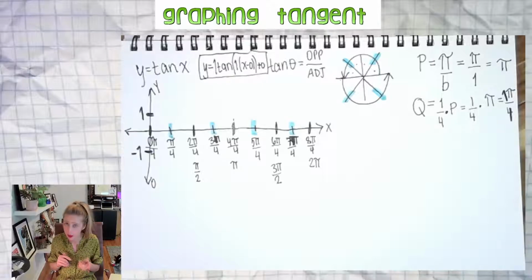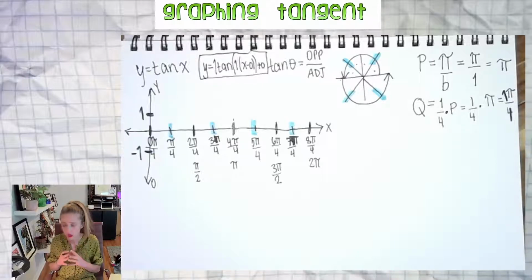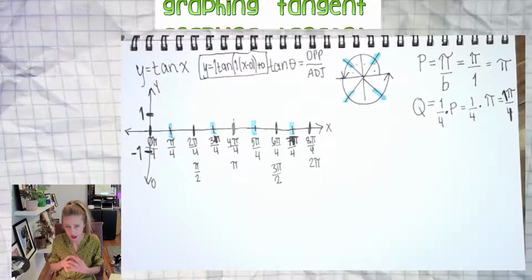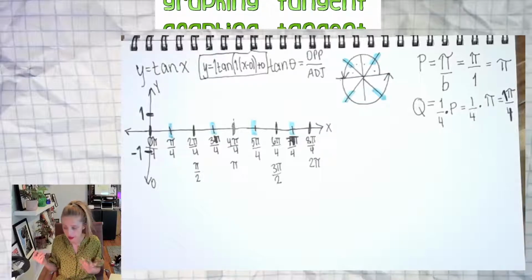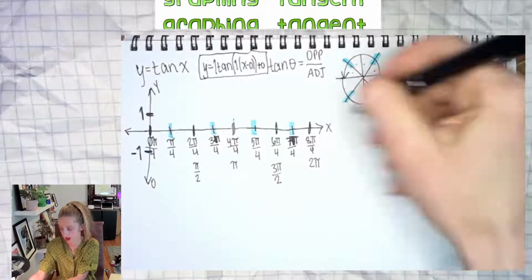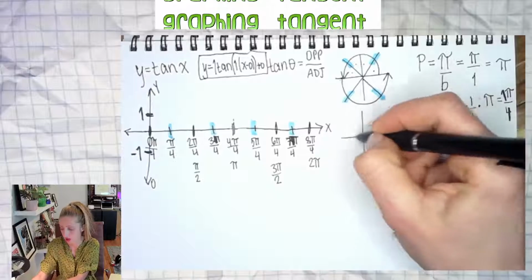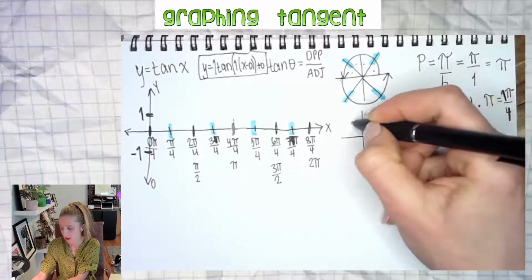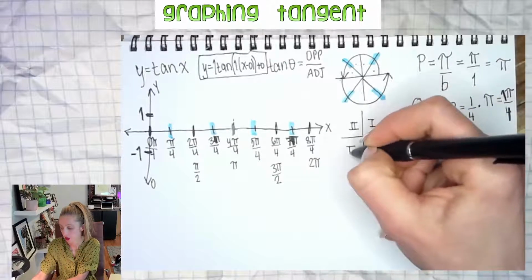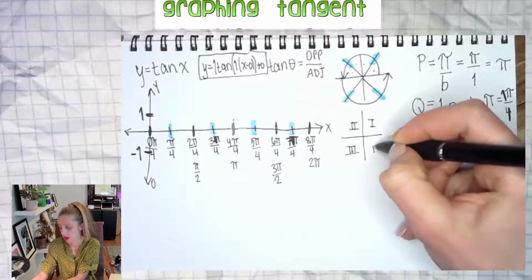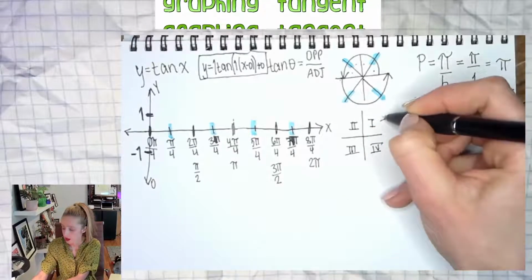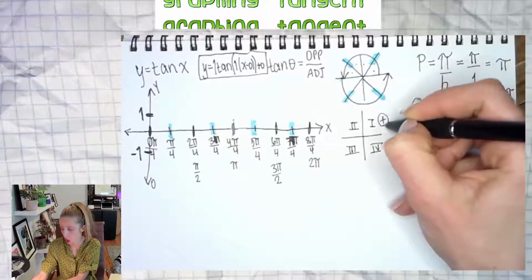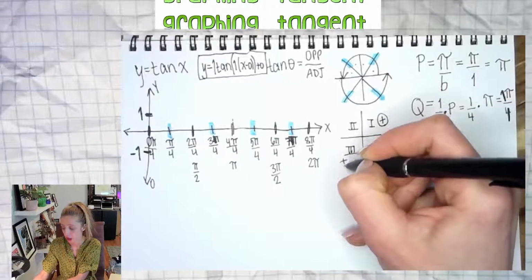Another thing you might want to pay attention to, you need to remember where tangent's positive and where tangent's negative. So as it relates to the quadrants, this is quadrant 1, 2, 3, and 4. Tangent was positive in quadrants 1 and 3.